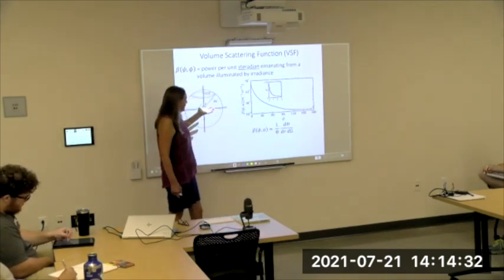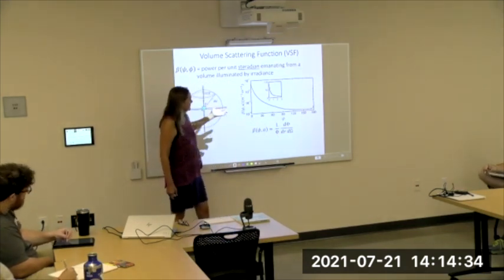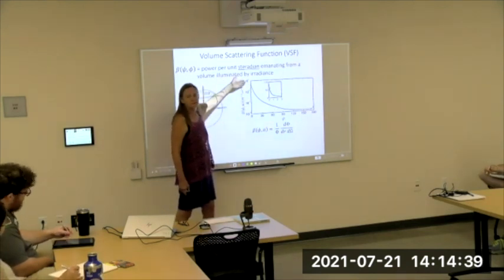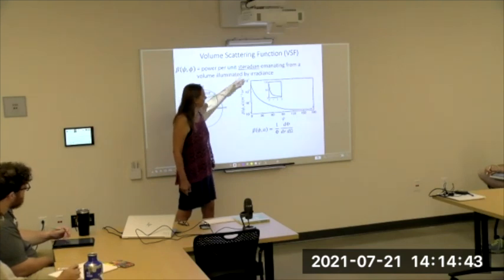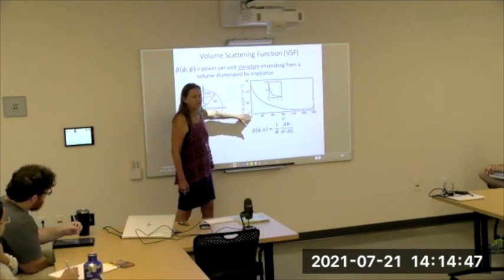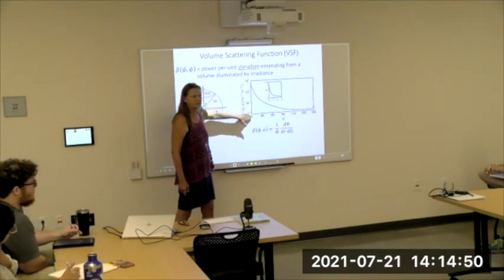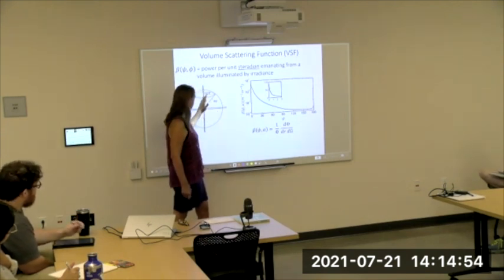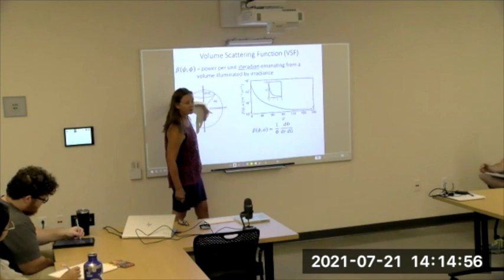And we get something that looks like this. This is crazy. Whoa, orders of magnitude. This is zero angle, which would be forward scattering, a very small angle here. And then this would be backward.